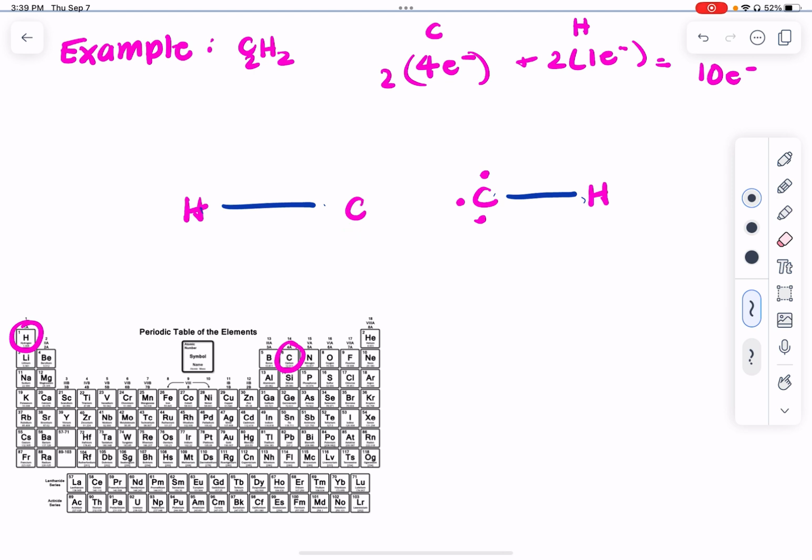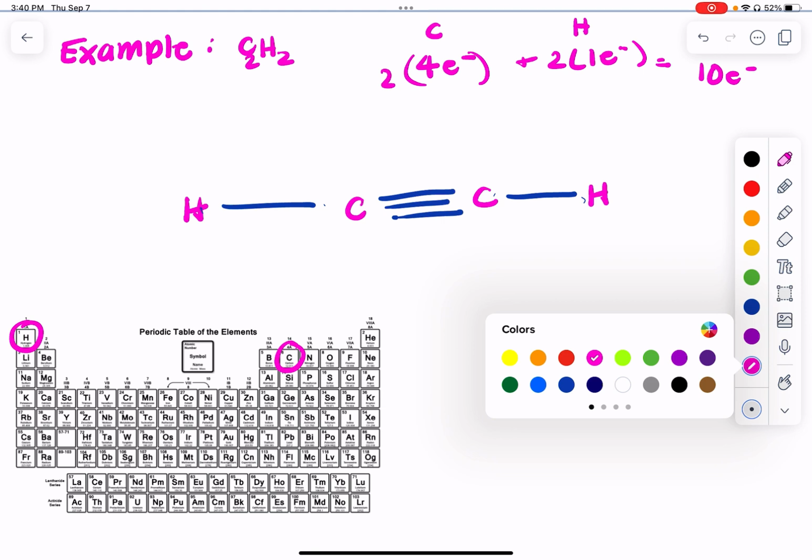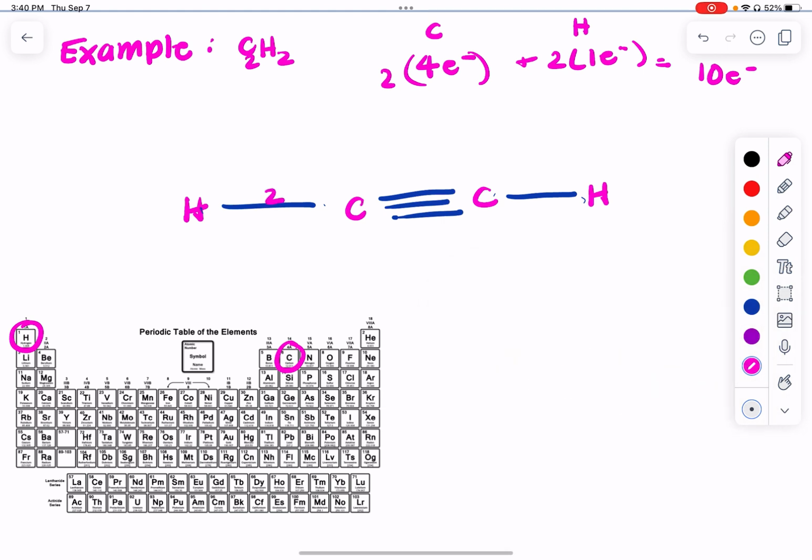You can't have a quadruple bond because that's going to throw off the octet. So a triple bond works here. Each carbon and each hydrogen is satisfied. Does it have 10 electrons? Let's check. 2, 4, 6, 8, 10. Looks good.